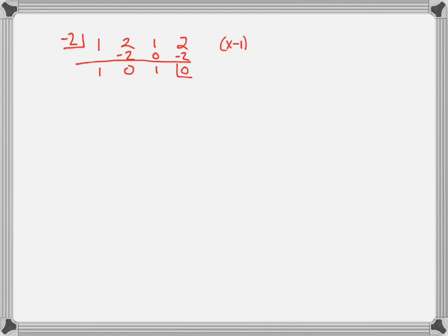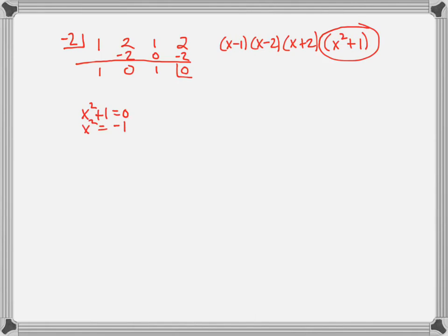So we already had the linear factor x minus 1 and the linear factor x minus 2. Now we also have the linear factor x plus 2 and the polynomial x squared plus 1. Okay, so we need to keep factoring the x squared plus 1 polynomial. I'm going to set it equal to 0 and solve for x.